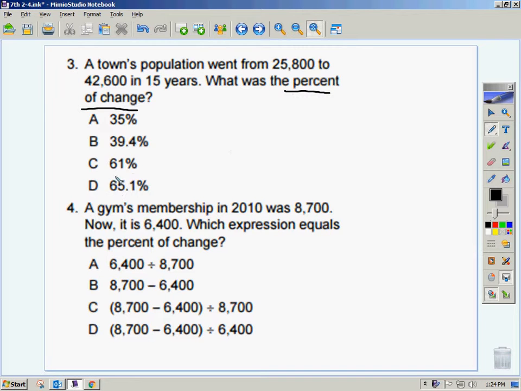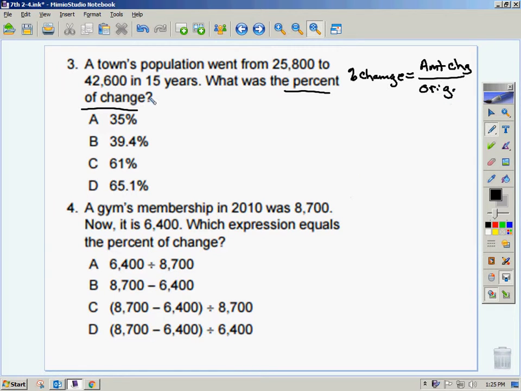Number 3 says percent of change. Percent change equals the amount that it's changing divided by the original amount.